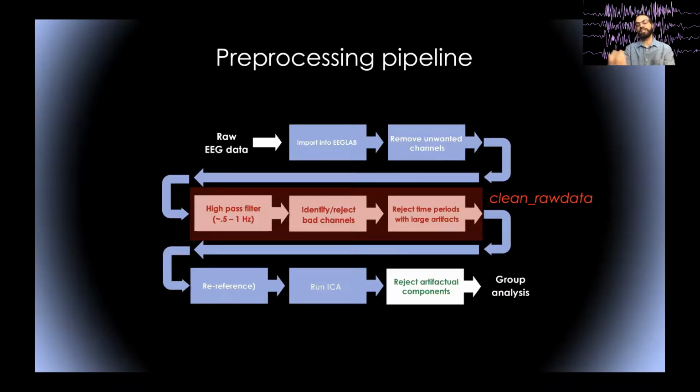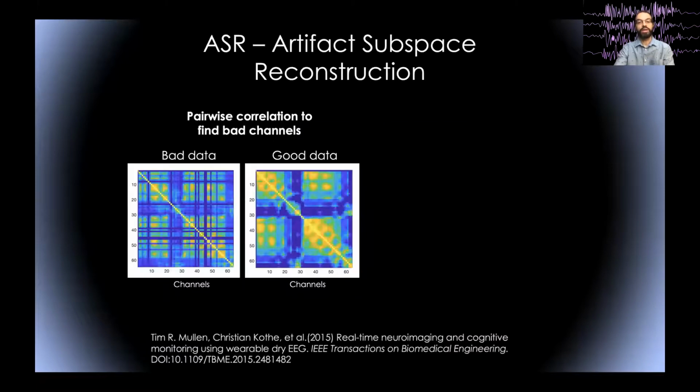You can run independent component analysis, or ICA, to look at sources, but here we just reject artifactual components using another plugin called IC Label, which is also a default plugin of EEGLAB.